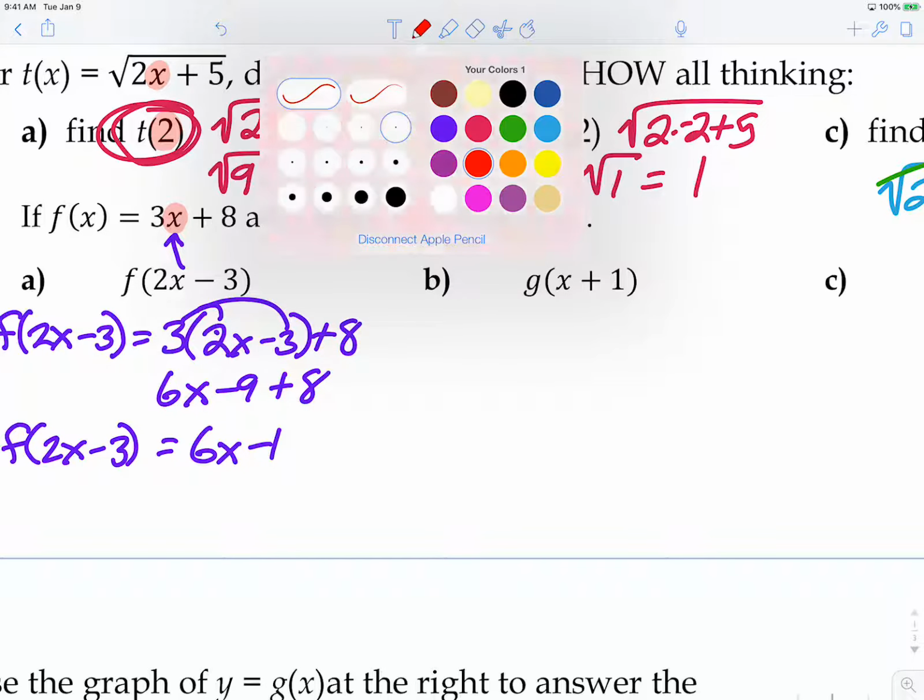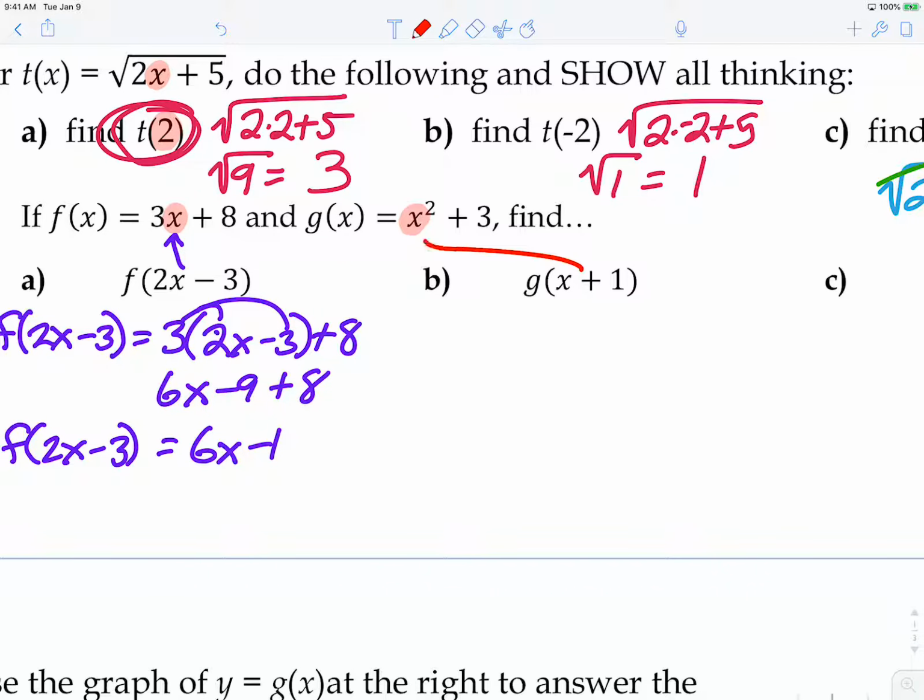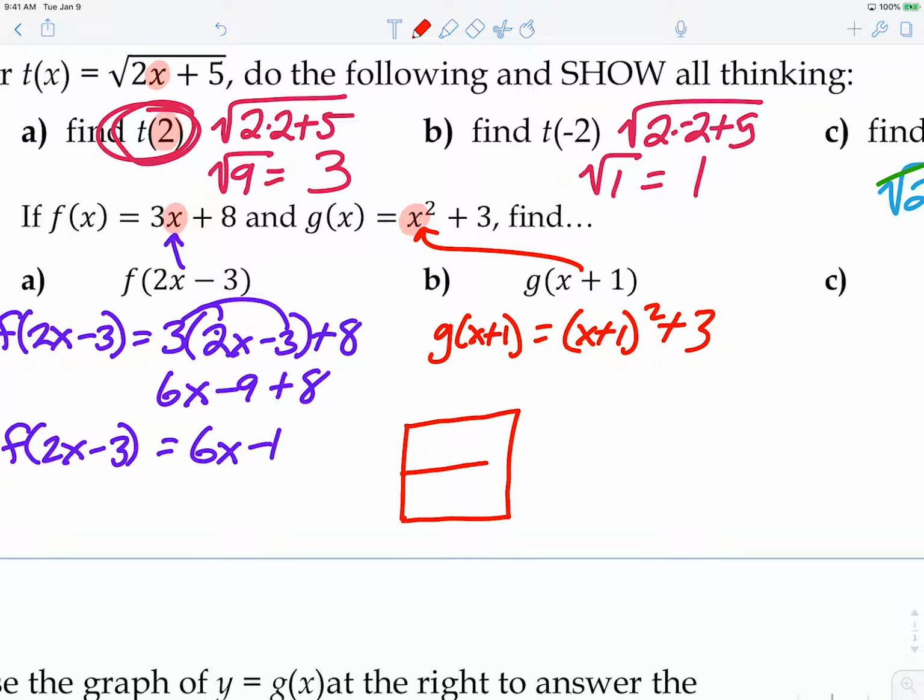Same idea for my g function. I'm going to put that right there. So I'm going to get g of x plus 1 equals x plus 1 squared plus 3. Okay, x plus 1 squared, do not forget, that means that we are multiplying x plus 1 by x plus 1. It's a binomial times a binomial. You can FOIL, you can super distribute, however it is that you have learned. You can do this little box that I have right here.